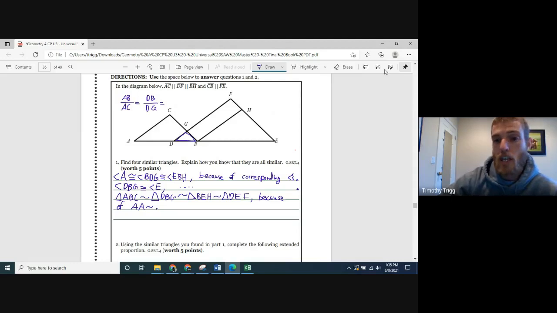And that should equal the same proportion as for this rightmost triangle here. Well, that would be BE over BH, the bottom over the one going up and right. Lastly, let's look at the biggest triangle here. So this would be DE over DF.